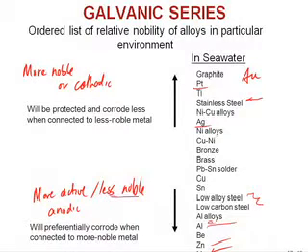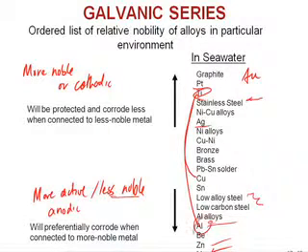It's less noble. So what happens is if we connect any of these two like that, okay, if we connect, let's say, titanium to aluminum, in a galvanic situation, in a corrosive environment, titanium will be protected, the aluminum will corrode faster. It will corrode faster than it would if it were not protected. Okay?